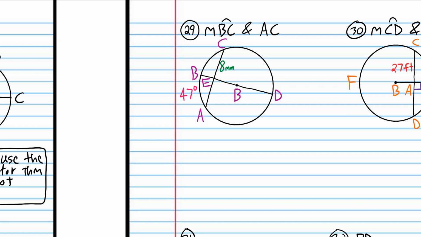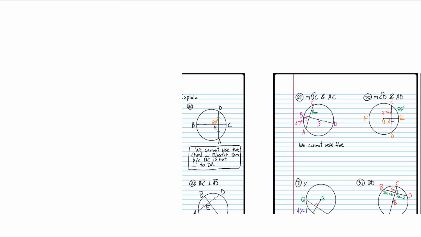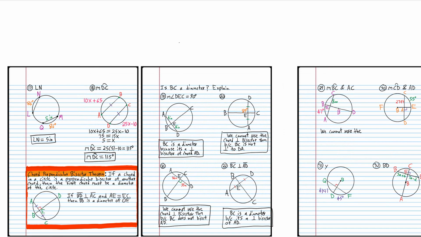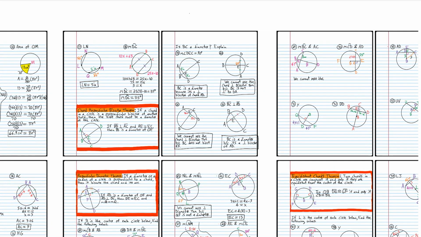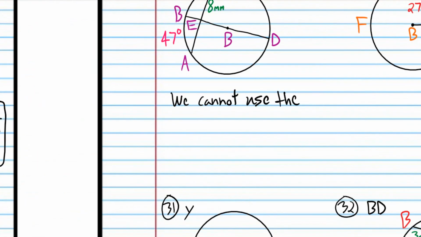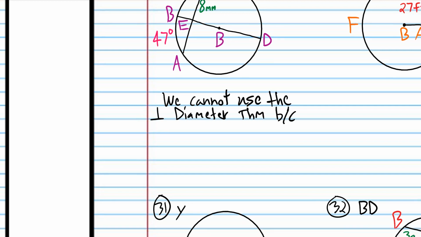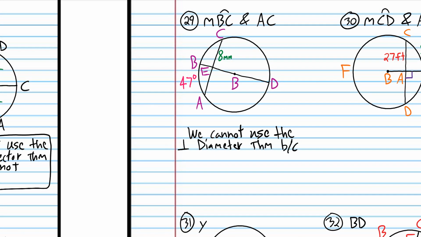But we cannot use the chord perpendicular bisector, or excuse me, the perpendicular diameter theorem, because BD is not perpendicular to AC.